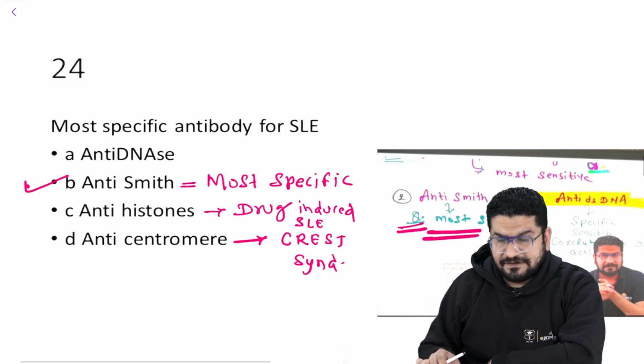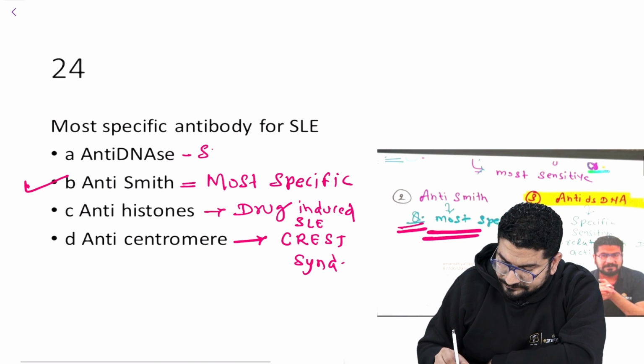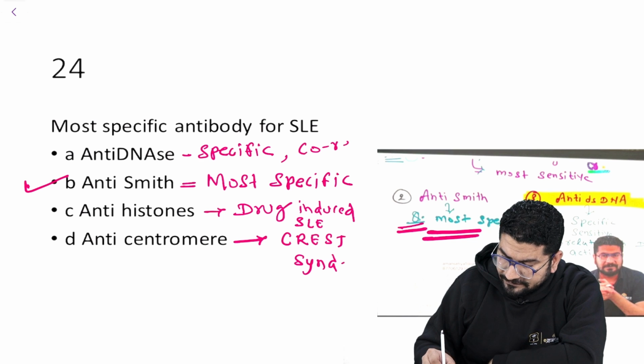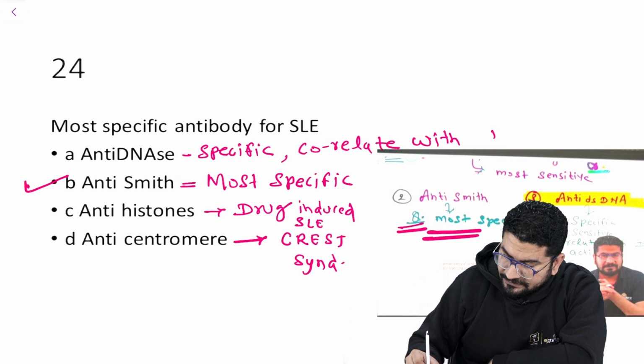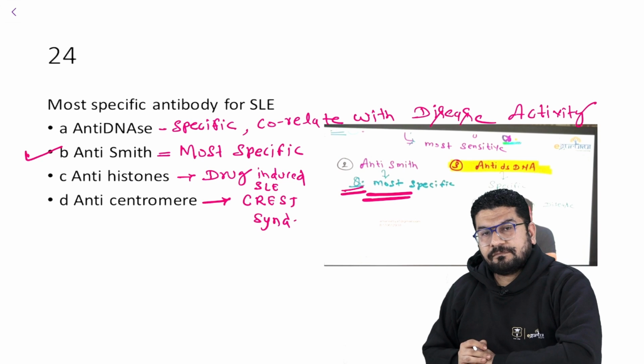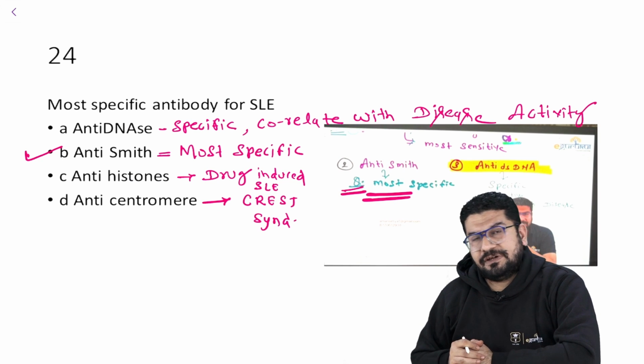What about anti-dsDNA? Remember, this is specific but not the most specific. It also correlates with disease activity. If the titer of this antibody is higher, then the patient will have a worse outcome.